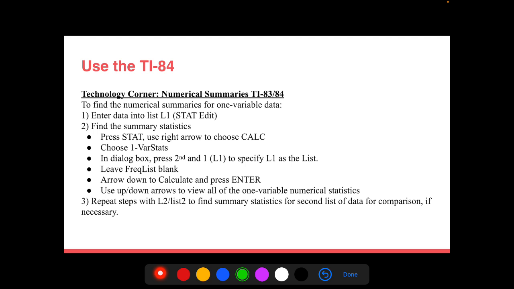Okay, so we have the calculator that we can use in order to find our standard deviation. So step 1 is to enter the data into L1, then find the summary statistics. So we go Stat, Calc, One-Variable Statistics, and we want to make sure we're using L1 if that's where our list is. And then we will look for S sub x, which is our sample standard deviation.